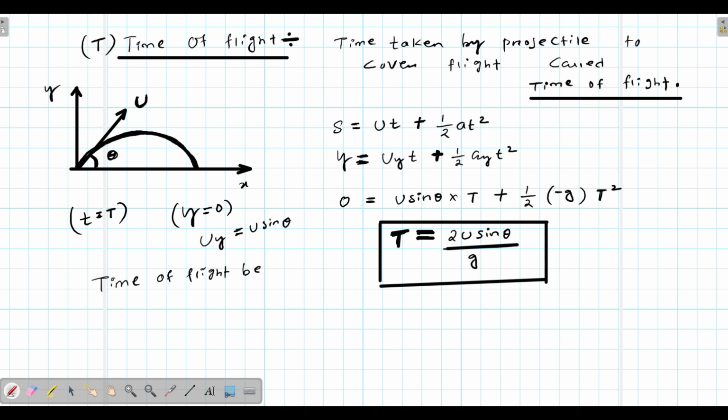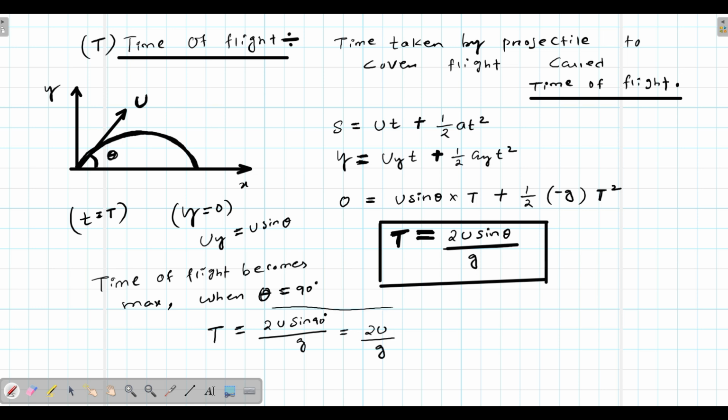Time of flight becomes maximum when theta equals 90 degrees. So time of flight equals 2u sin 90 divided by g, which equals 2u divided by g.